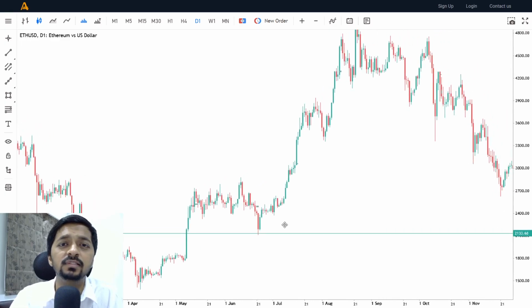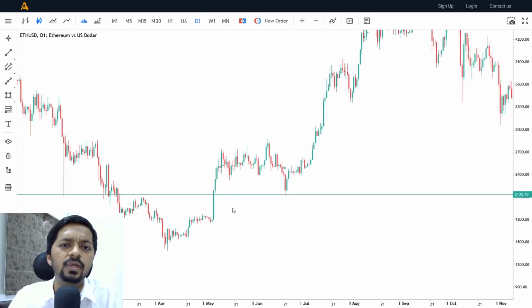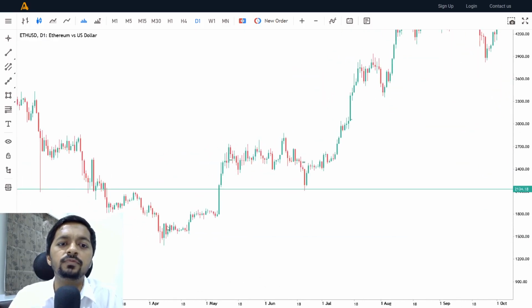So the question is, how to spot the trend? To spot the upward trend, we just need to follow the price. If price is following a series of higher highs and higher lows, that means upward trend is going on in the market. So if you see, this is the first low, obviously this is the first high. Now the next is price made another low.